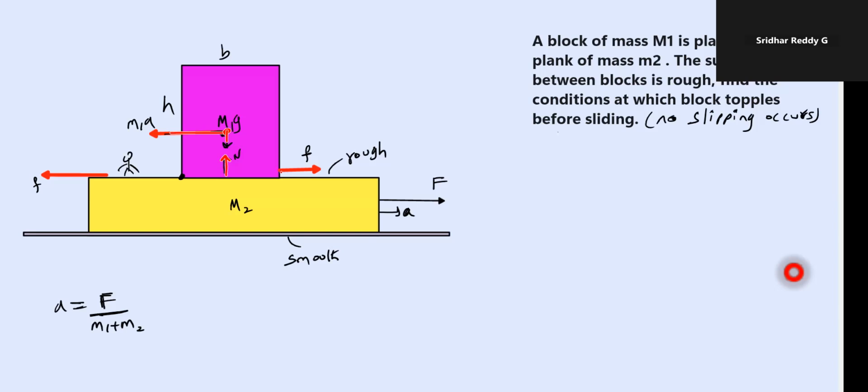Then the friction will set up a torque anti-clockwise. Then who should balance that one? For that reason, the normal reaction in fact will not act here, it will act at this point.